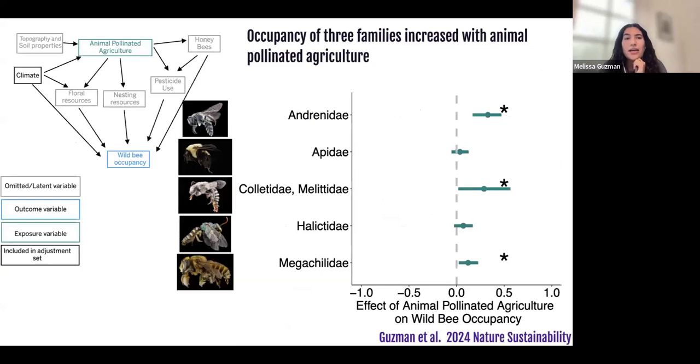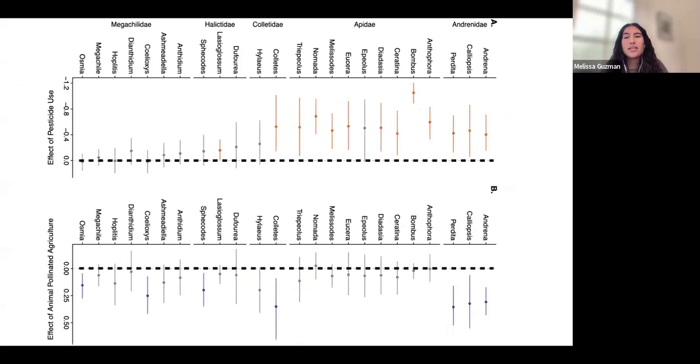I also looked at the effect of animal-pollinated agriculture per se, and generally the effect is less strong and positive, which is not surprising because this is agriculture filtered by agriculture that attracts pollinators or benefits from pollination. Now, what I'm showing you are genus-level trends.